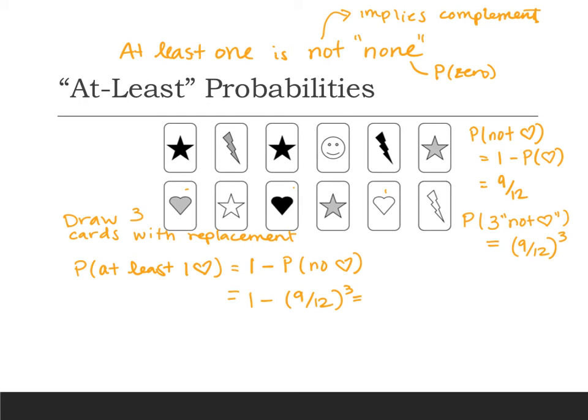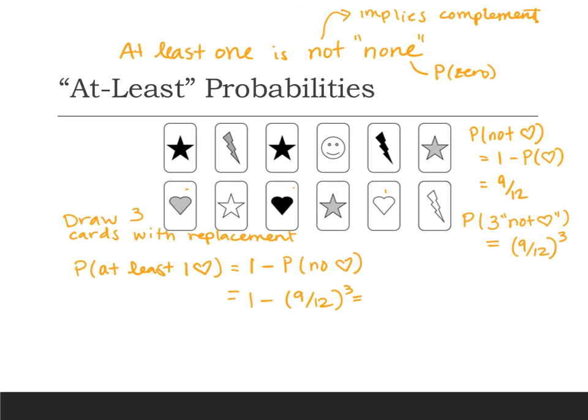Raised to the 3rd power. And no, that is not 1 over 64. Oh, I bet I need an extra set of parentheses. Nope. Oh, I'm sorry.